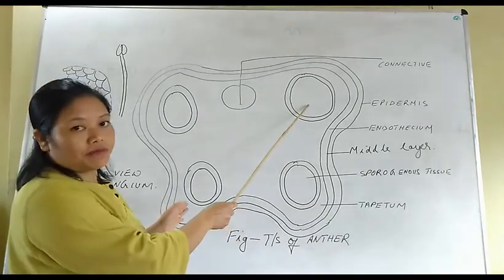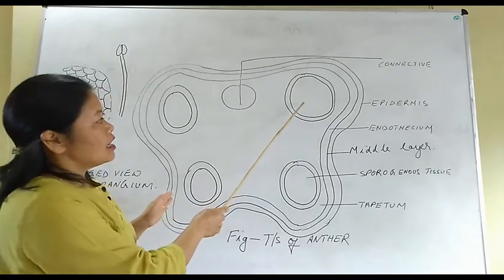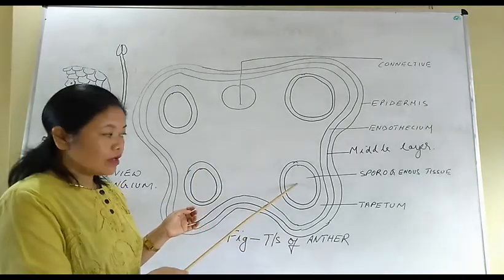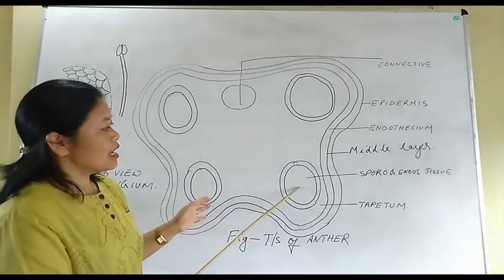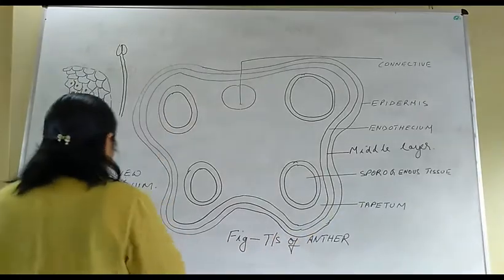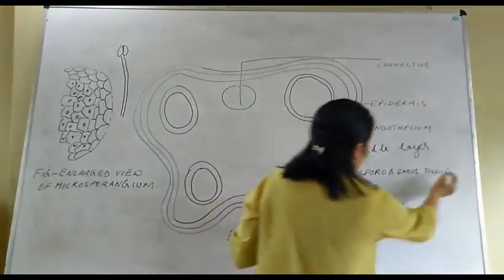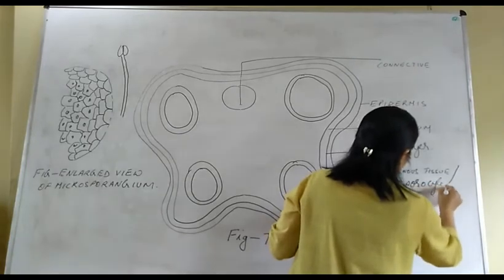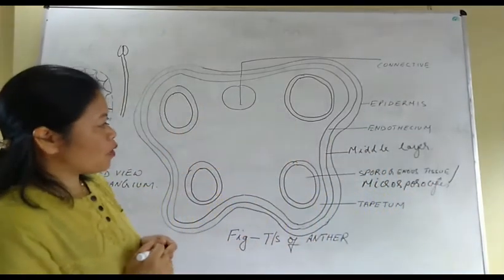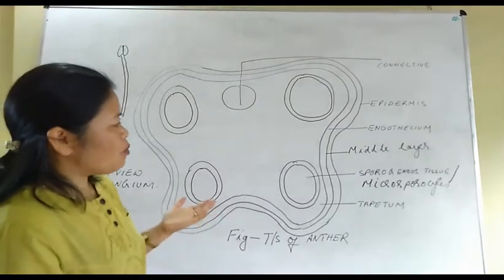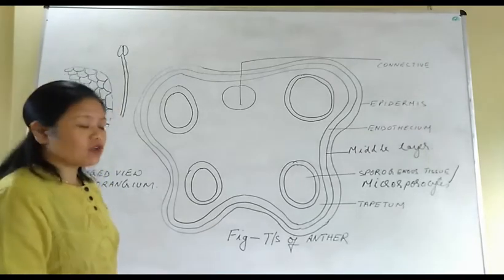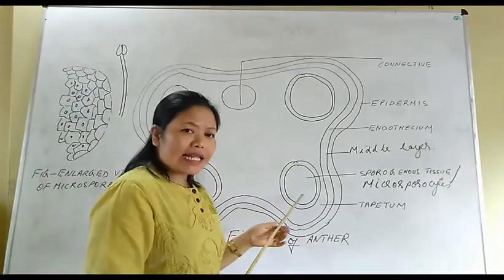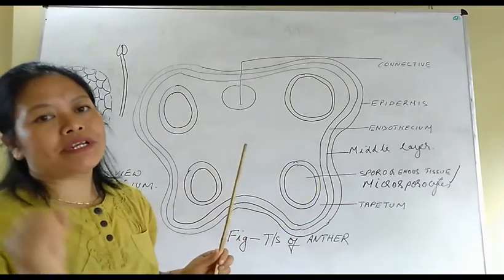Each microsporangium has a number of sporogenous tissue or microsporocytes, and it has dense or abundant cytoplasm with one prominent nucleus.